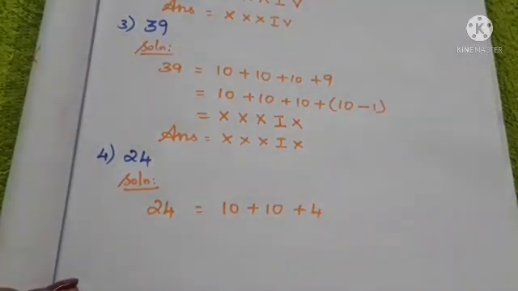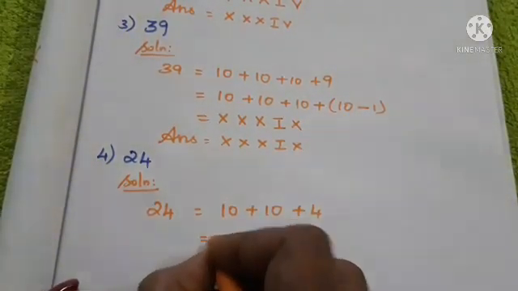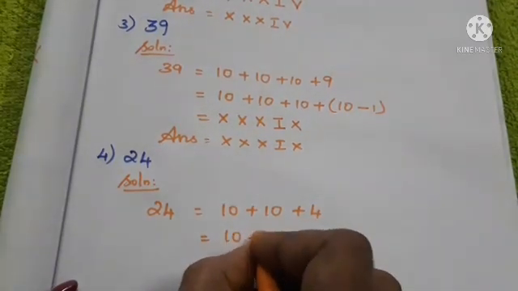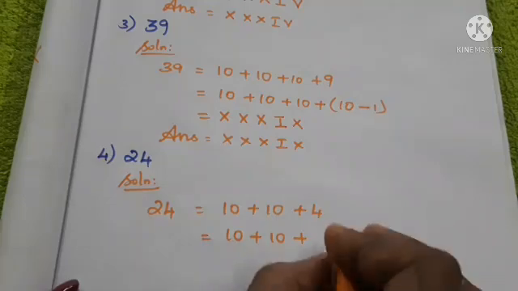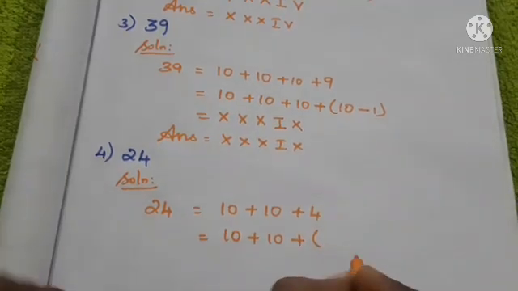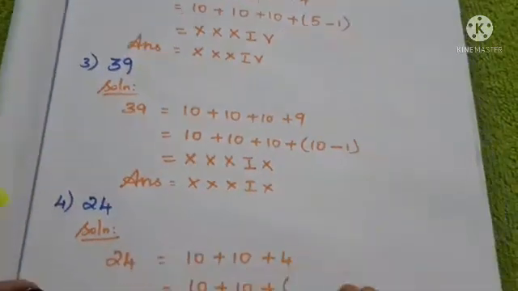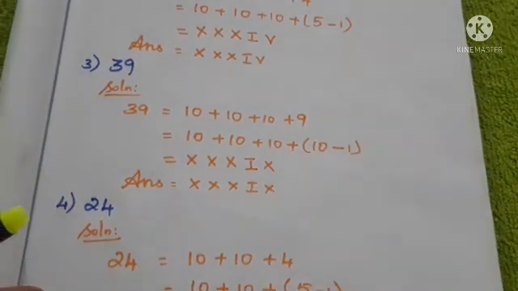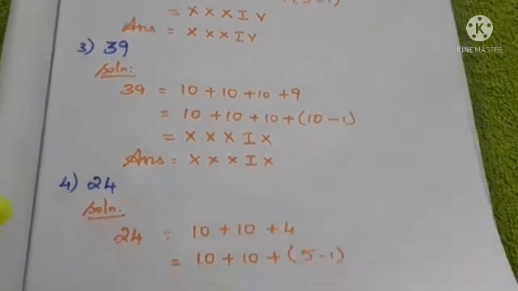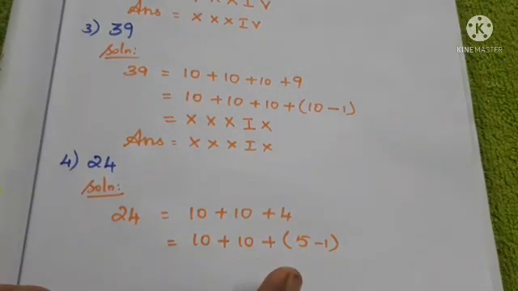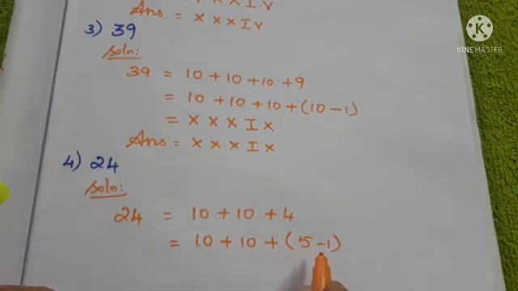So for the 10 we can write as it is. For 4 how we can write? In the second problem itself we have seen for the 4 we can write 5 minus 1. 5 minus 1 is 4 only. For the 4 just we have written as 5 minus 1.